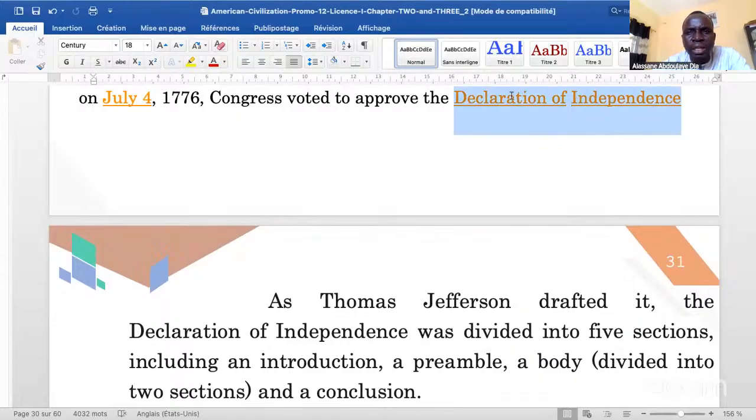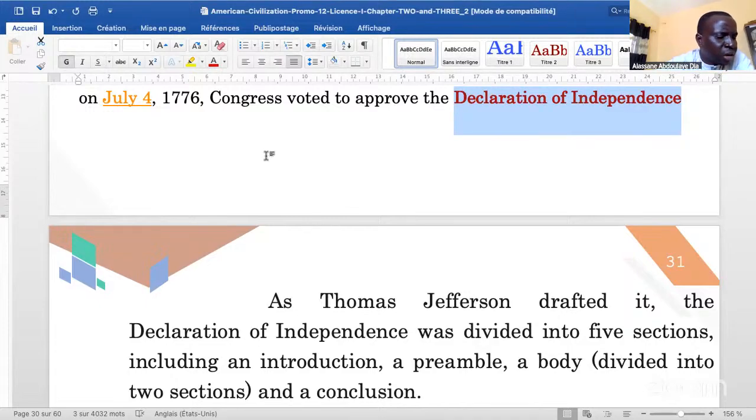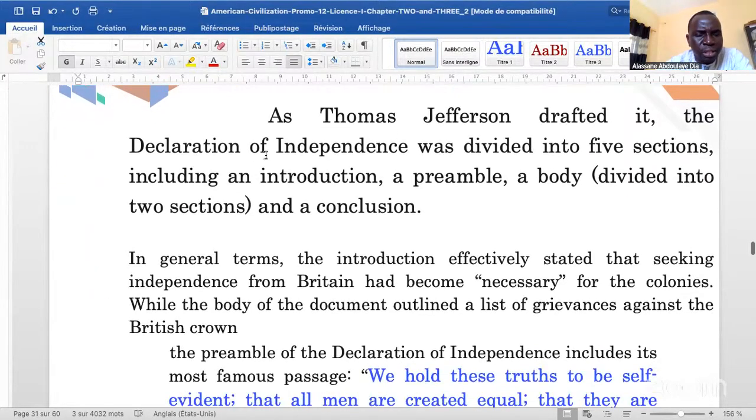What does it mean? That's why July the 4th marks the independence of America. Because on July the 4th, this Declaration of Independence written by Thomas Jefferson is already accepted. So class, remember, if I ask you who wrote the Declaration of Independence, it is Thomas Jefferson.